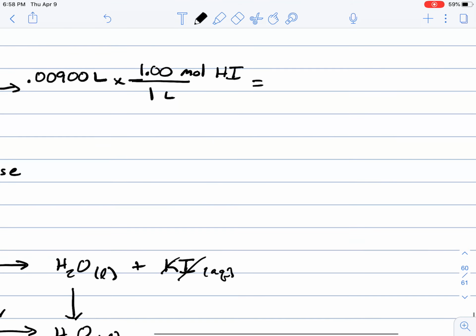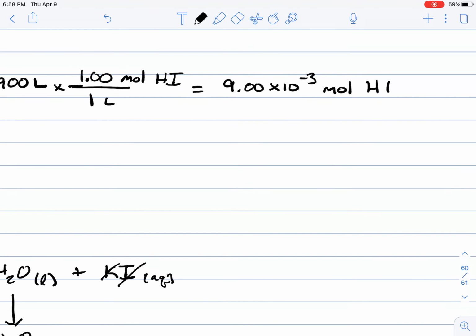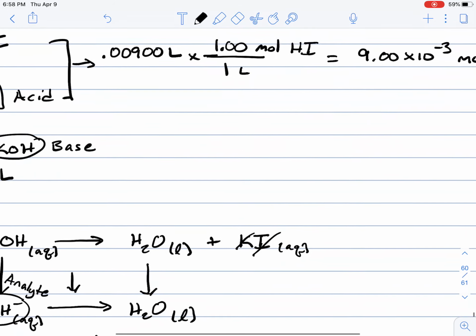If I multiply that, it's the same number, 9.00 times 10 to the negative 3 moles of HI, which can also be written as just H+. Since iodide is an anion of a strong acid, it doesn't affect the pH of the solution.